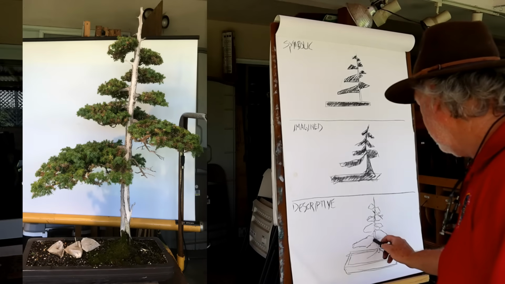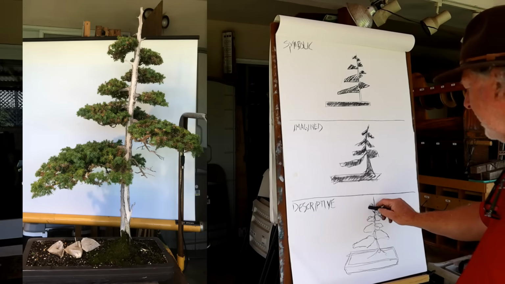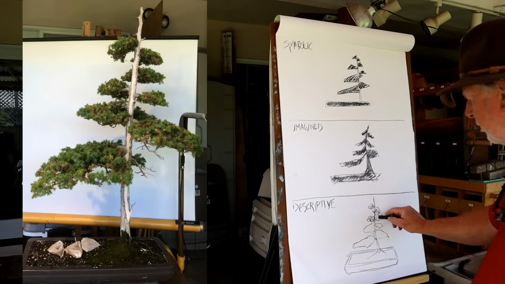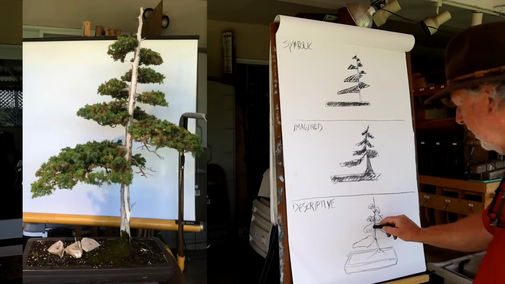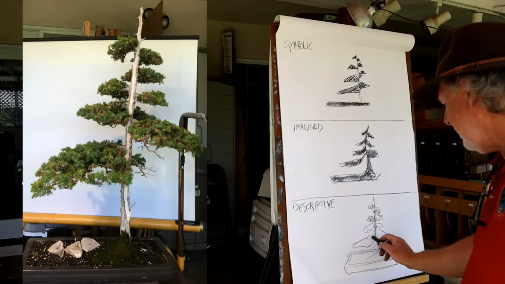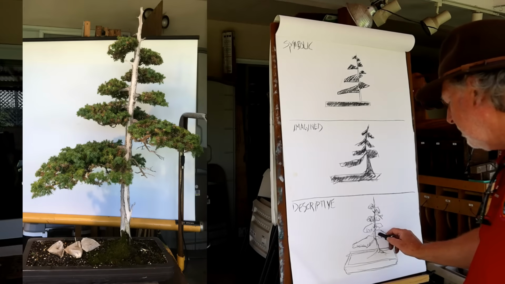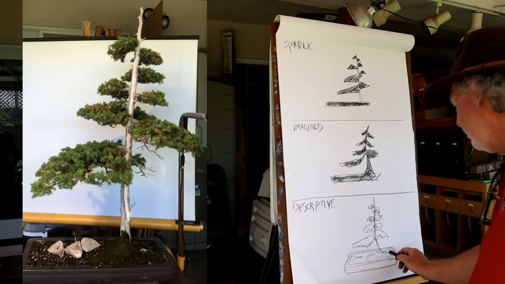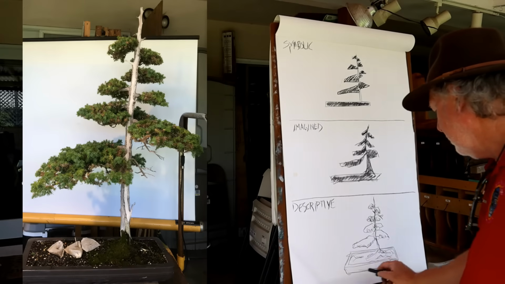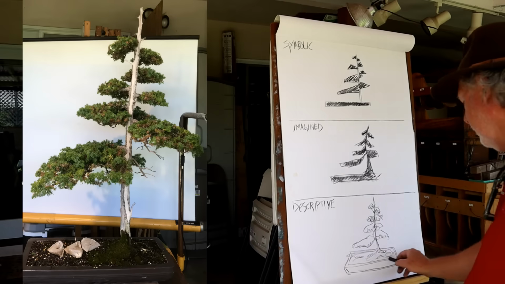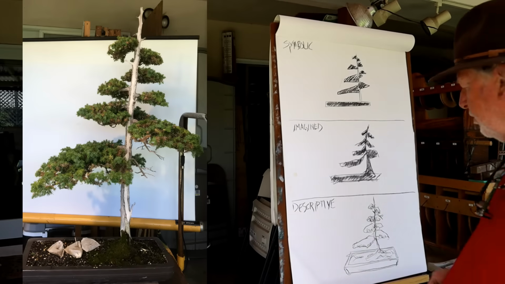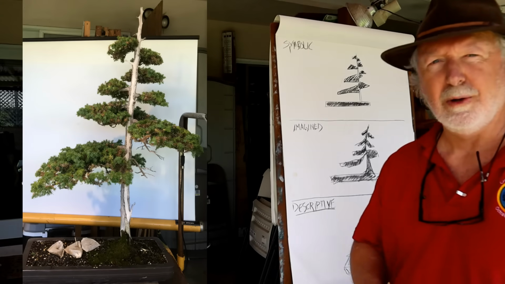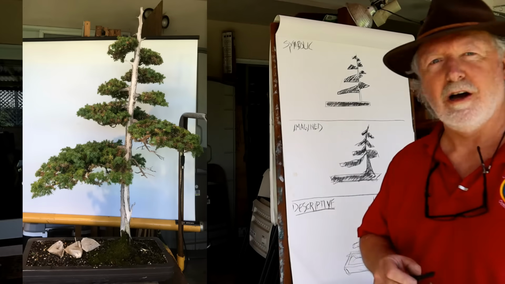That's a much more unaltered descriptive idea of the tree, which would include shading and texturing of this with the moss and how the nebari comes out in here. The exact proportion of the pot to the tree. And that's a descriptive way of drawing a bonsai, and I'm going to be focusing on that area.